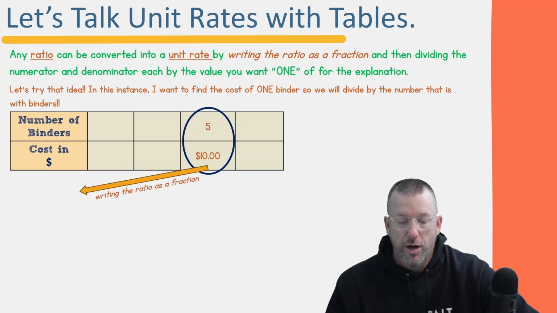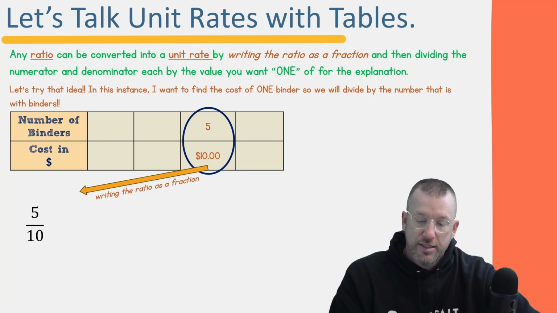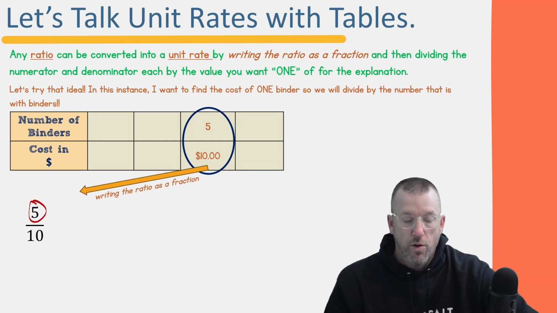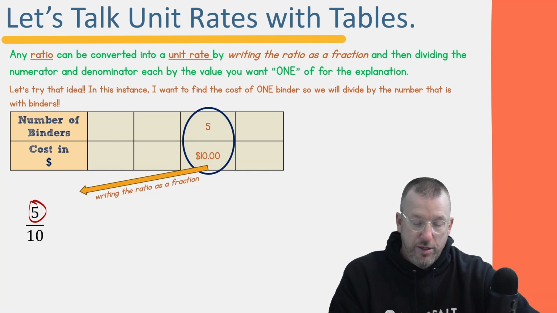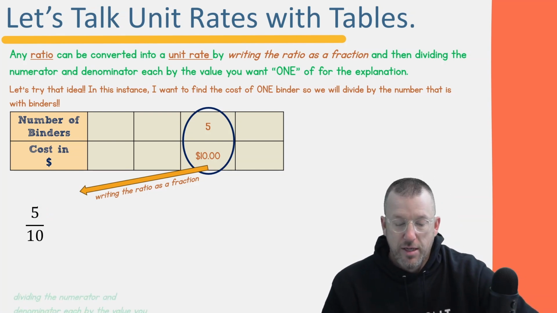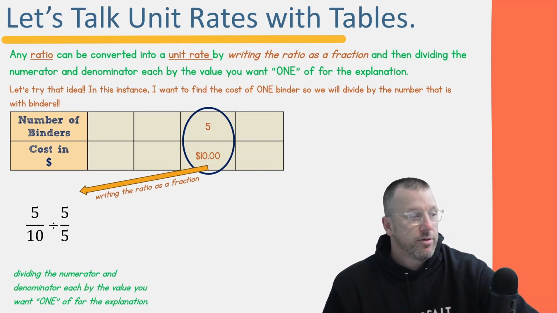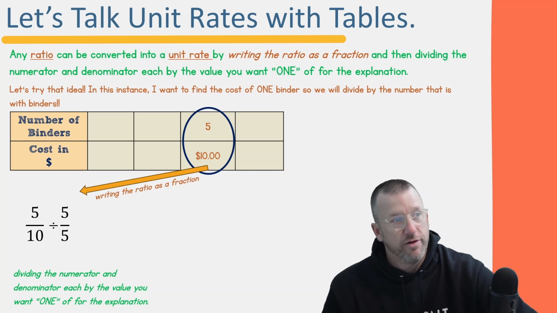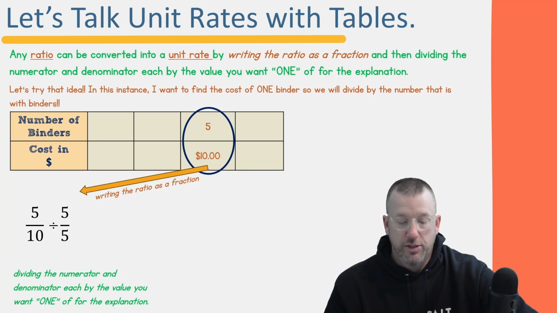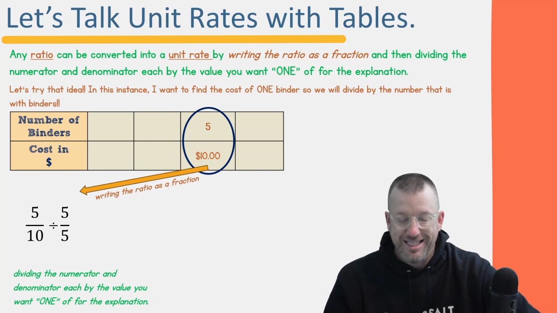So that's where we want to put our 1. We want to turn this number into a 1. So we'll have one binder costs a certain amount of dollars. And how do we do that? Well, good question. We're going to use our knowledge of equivalent fractions. In order to find an equivalent ratio or an equivalent fraction, we have to divide the top and bottom or multiply the top and bottom by the same number.